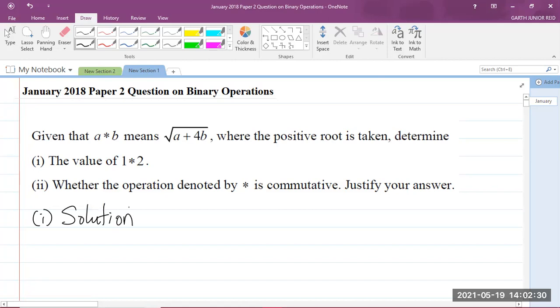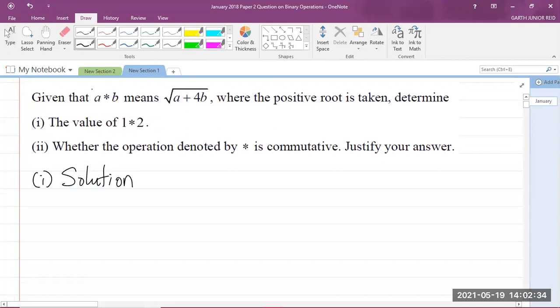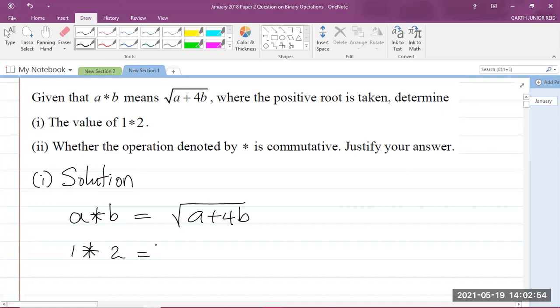Solution. Part 1 says we are to find the value of 1 star 2. It told us that a star b means the square root of a plus 4b, the positive root. So 1 star 2 is equal to what? We replace a as 1 and b as 2.